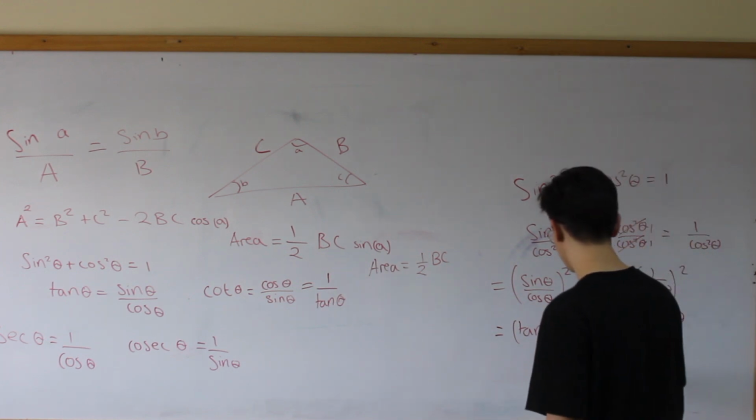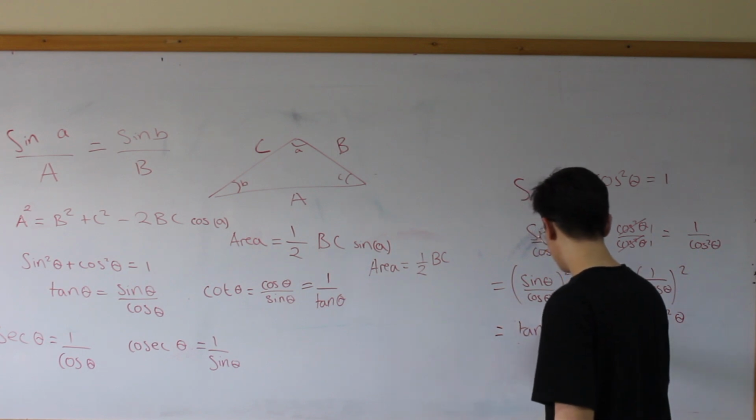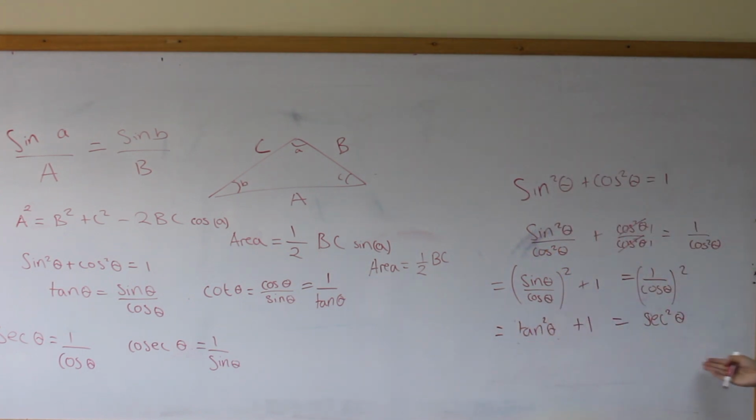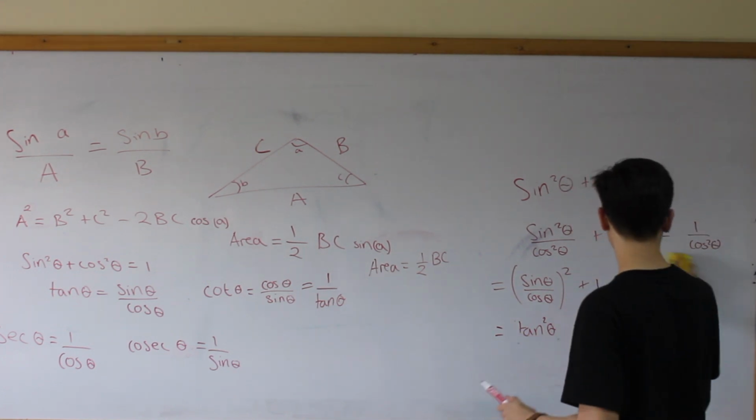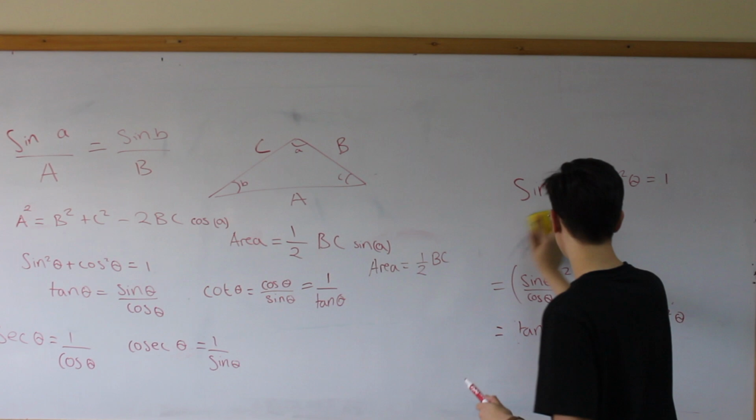And this is another Pythagorean identity that you only need to use when you only know, for example, secant squared or tan squared.